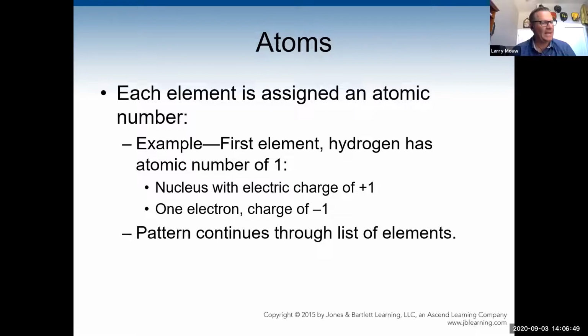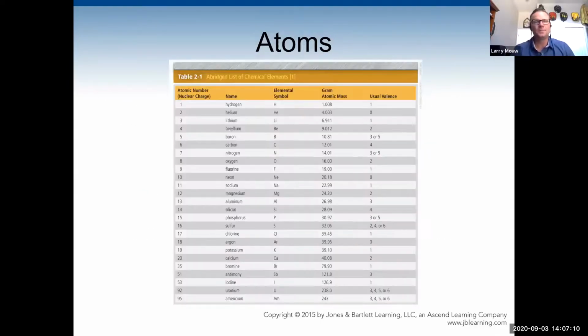There are 118 known chemical elements. If you pull up the periodic table, you'll be able to see those, or those of you who have taken chemistry previously understand that there are 118 known elements. That's not to say there aren't more out there, because some have been discovered in more recent years that have added to that number of 118.